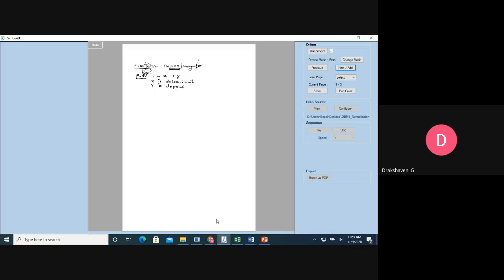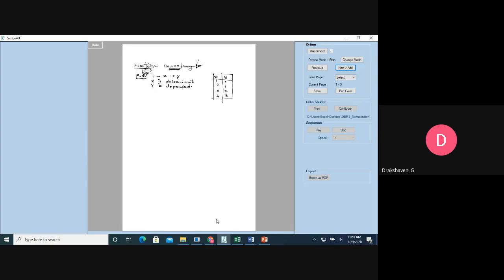What is Y? Y is called the dependent. So suppose we take X, Y as two variables, and suppose I write 1, 2, 3, 4 and some values here.